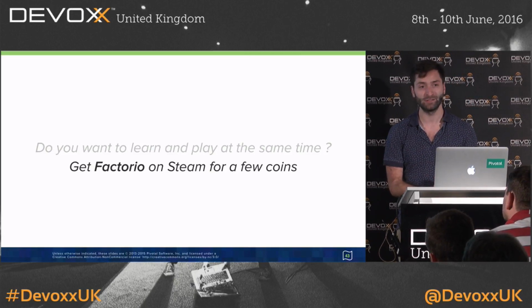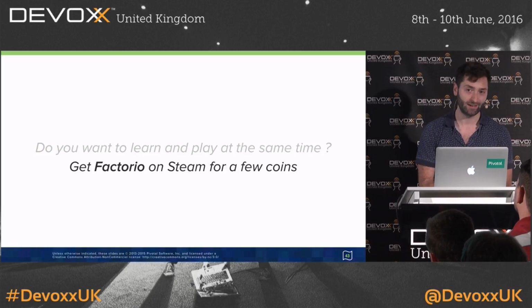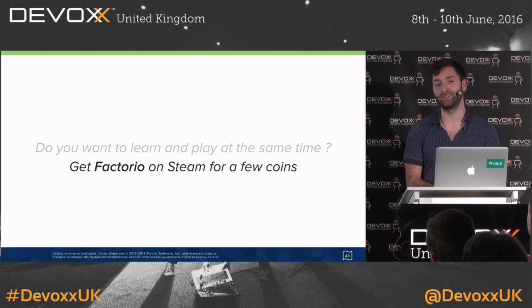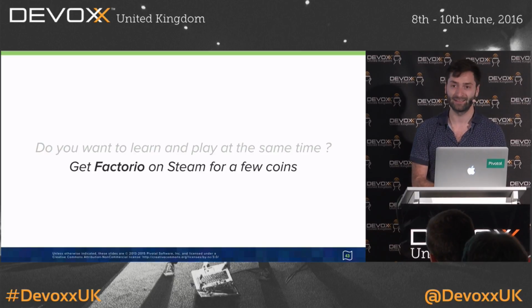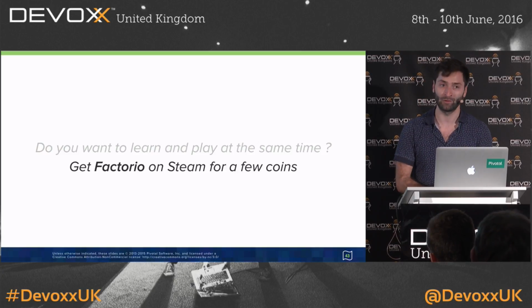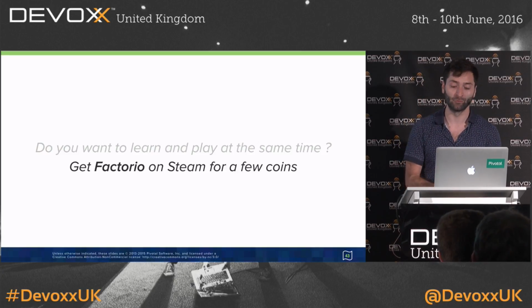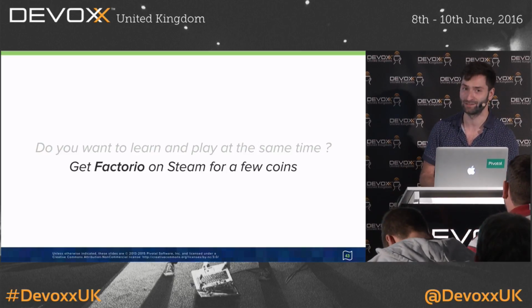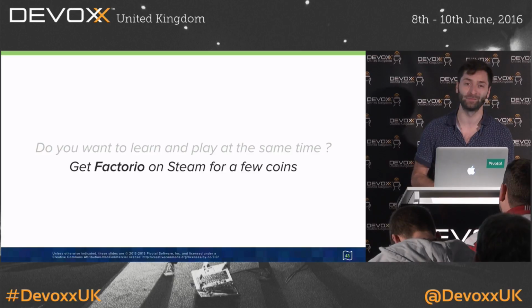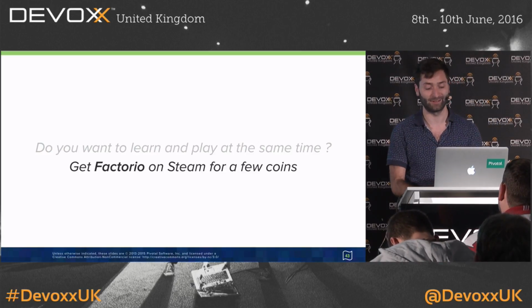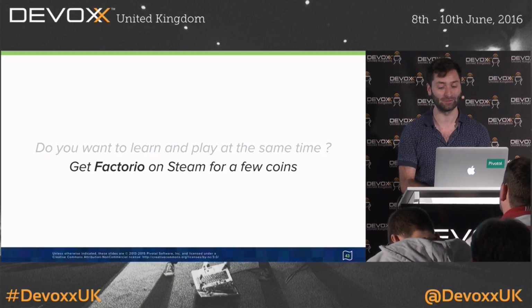I encourage you, if you don't know this game, it's on Steam. It's a great game, and if you want to understand more about distributed problems or concurrency problems, I think Factorio, for you or for your kids, is a very good game. I don't want to spoil it too much, so you have to try it yourself. I think it's £4 or something like that, but you need to play that game. It's like an indie game, so it's interesting and time-consuming.